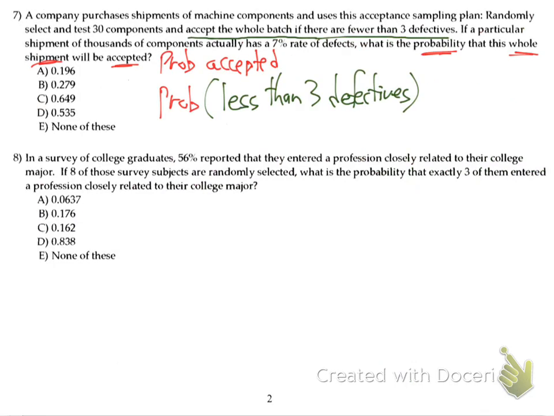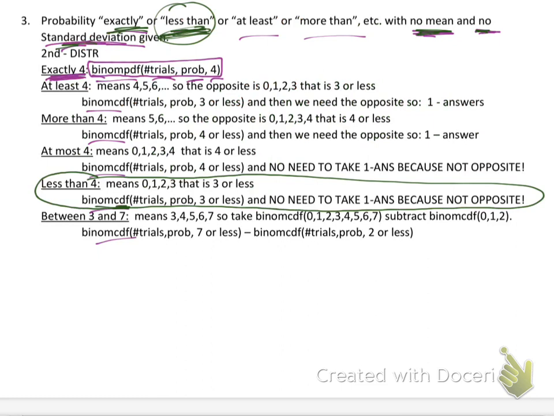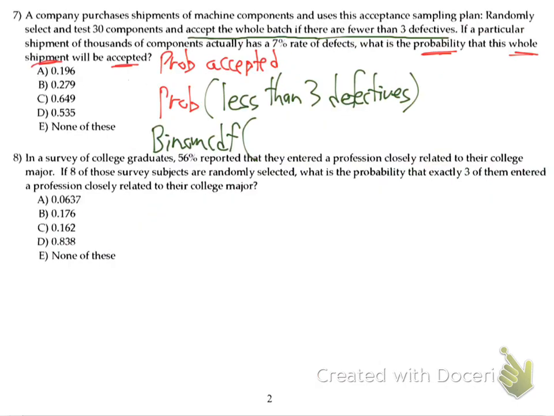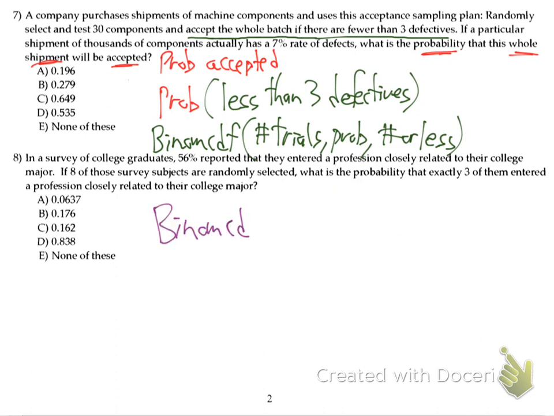So I got to go, okay, it's going to be binom CDF, and then it's number of trials, probability, and then number or less. Okay, this is where it gets a little tricky. So binom CDF. What's the number of trials?